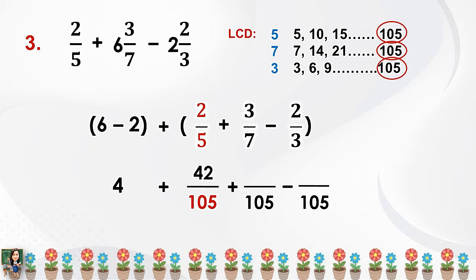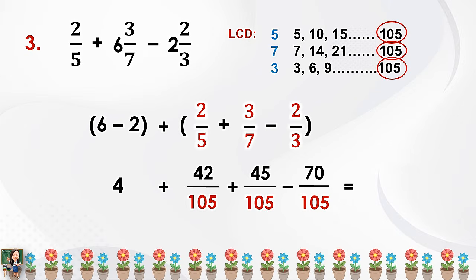For the second fraction, 105 divided by 7 times 3 equals 45. That is the numerator of the second fraction. And for the last fraction, 105 divided by 3 times 2 equals 70. So that is the numerator of the third fraction.